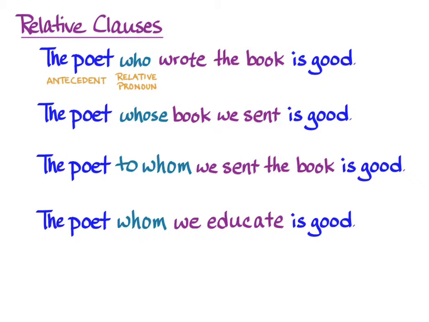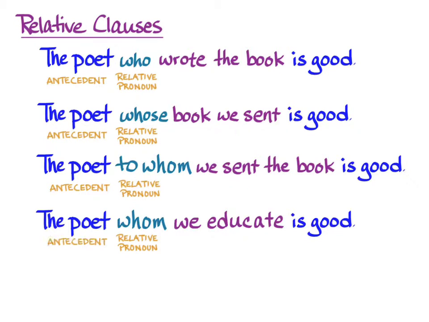You can see that in all of these examples. The poet is the antecedent in every case, and the different forms of the English relative pronoun are all here.